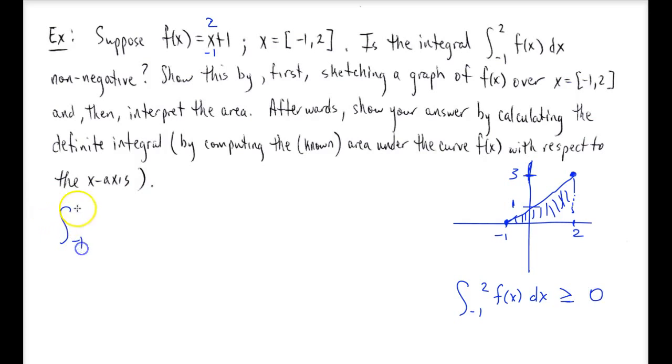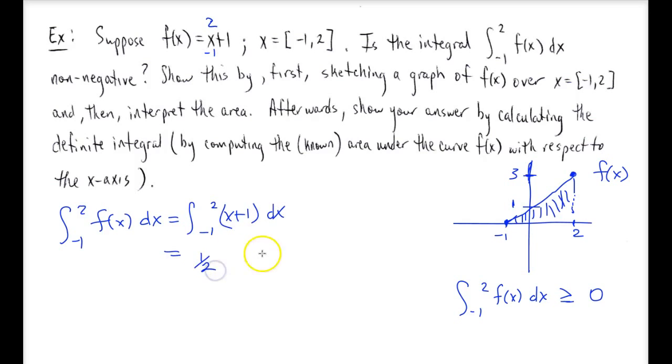Now, when we actually interpret this, we are interpreting it as, of course, 1/2 the base, which in this case is going to be 3, and the height, which in this case is also going to be 3.